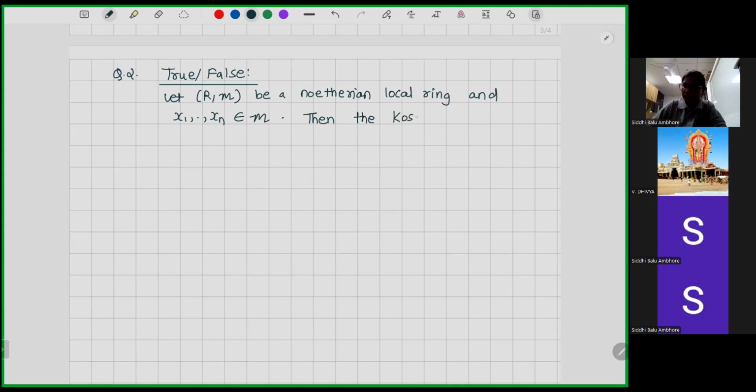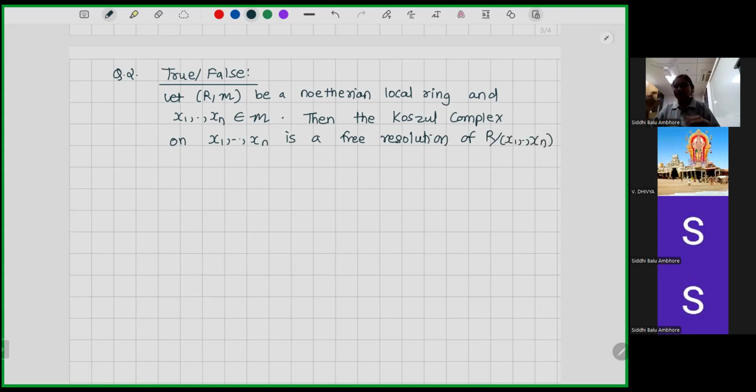I will define what Koszul complex is. On this x1 to xn is a free resolution. We saw what free resolution is in the last lecture. I will still try to recall it.